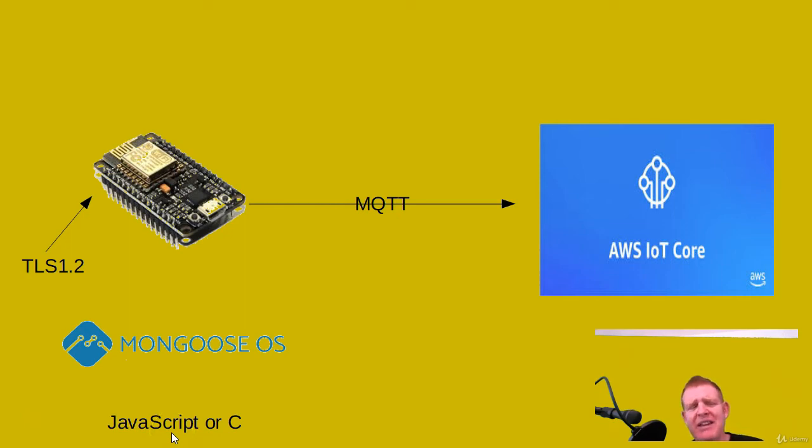It makes it a little bit easier, but it's just kind of a subset of the most basic functions in JavaScript just to send out this JSON package to AWS IoT Core. So we'll upload our JavaScript program into the device. It has a defined library for TLS 1.2 for security that'll hold our certificates. Then again, via MQTT protocol, it'll pass it over to AWS IoT Core.